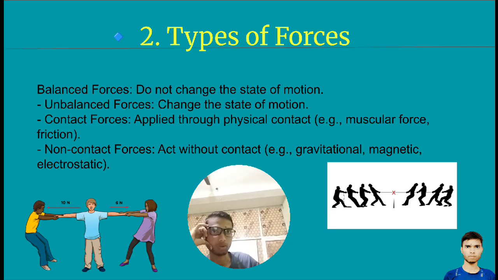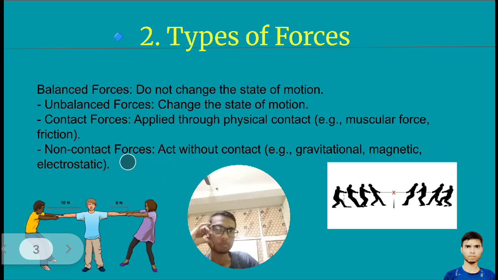Contact force is applied through physical contact. Of course, when an object touches another object, it's a physical contact. Examples are muscular force and friction. These are contact forces. Without contact, muscular force cannot happen. Friction cannot happen.